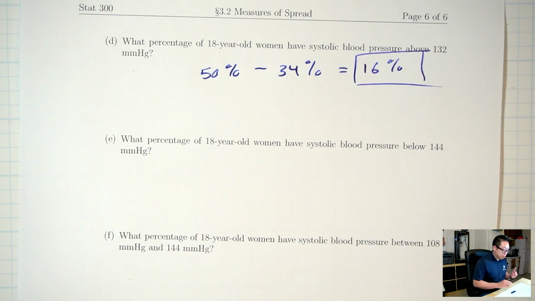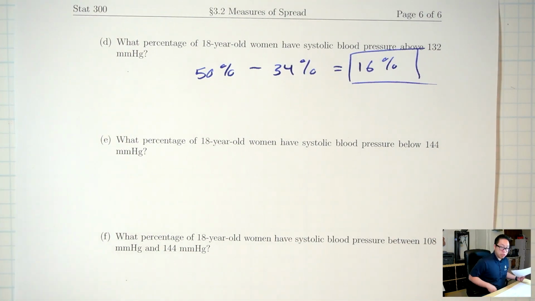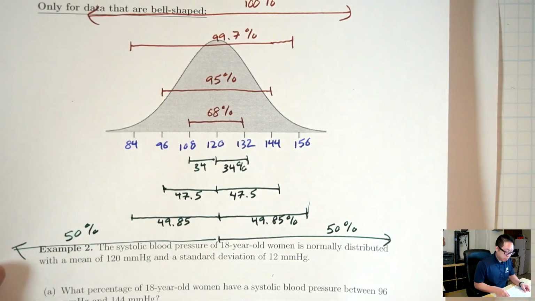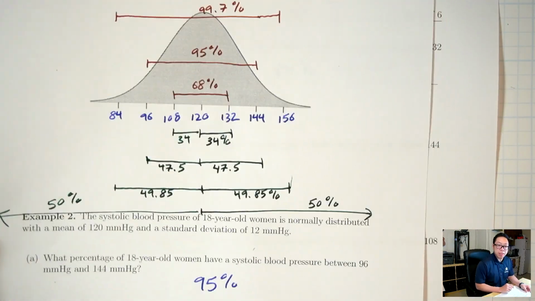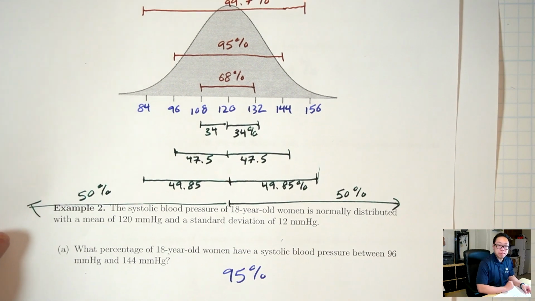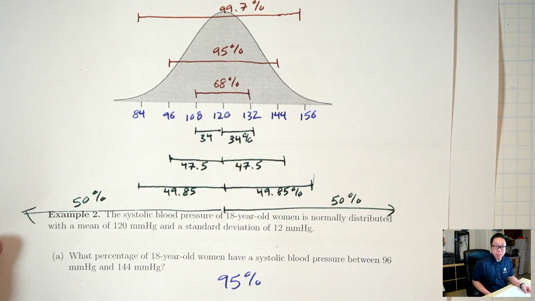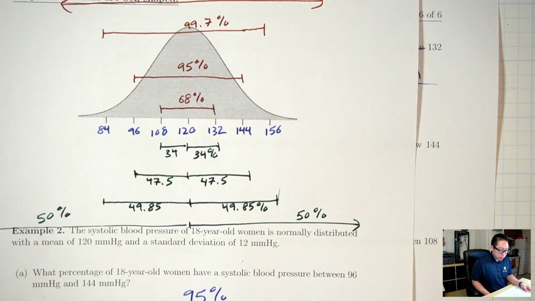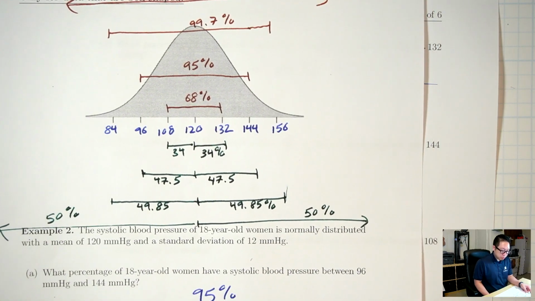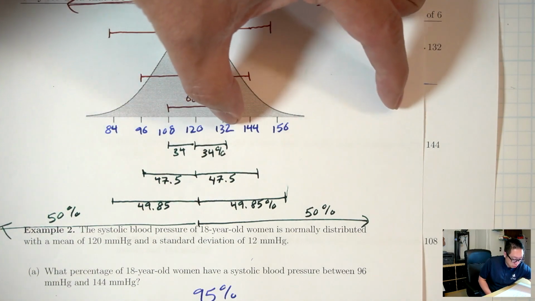Okay, now let me kind of give you some tips here. So all of these questions, parts D, E, F, G, and H, are going to involve either adding or subtracting two of these numbers down here. So first of all, how do you decide which two numbers you need? One way to think about it is, I want 132 all the way to the right.